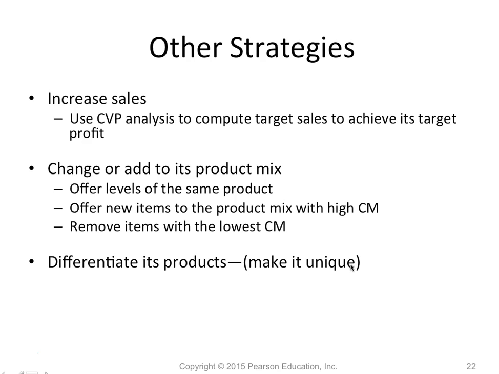For example, say you're selling hamburgers, and you want to make it unique, and you may change the taste. As long as the taste is acceptable, you don't want to make your hamburger sweet. But you may want to add some secret recipe and make it taste different, and then you market it as a unique way, and people may buy from you because they want to taste something new.